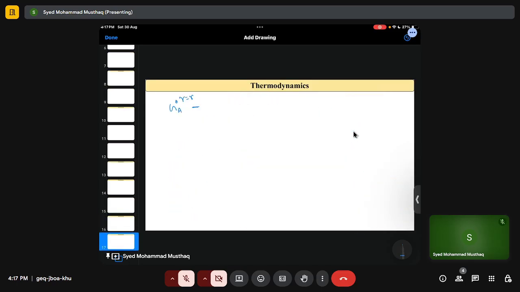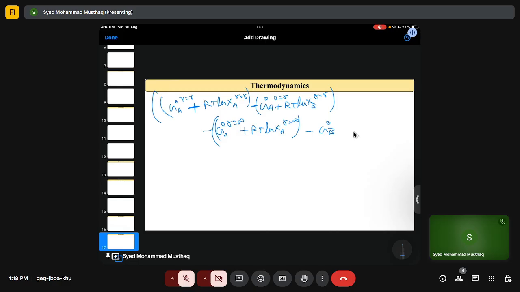Oh my bad, it is plus RT ln XA at R equals R. And then I have minus G naught of B at R equals R, RT ln XB, minus G naught of A at R equals infinite, RT ln XA at R equals infinite, minus G naught of B plus RT ln XB.